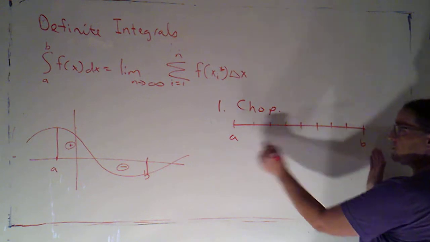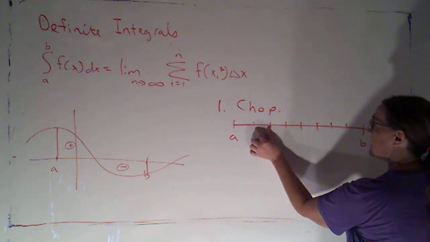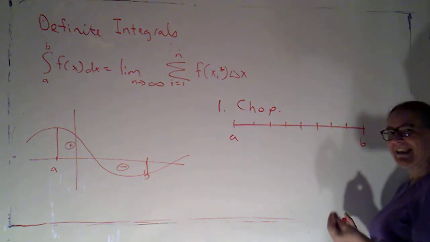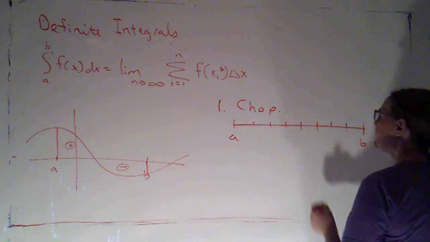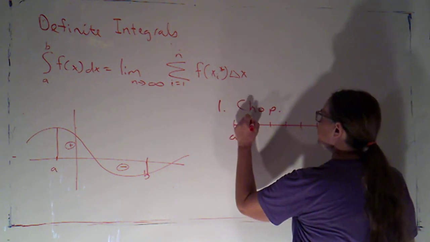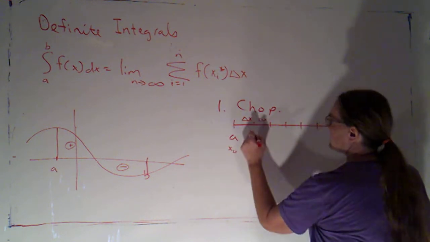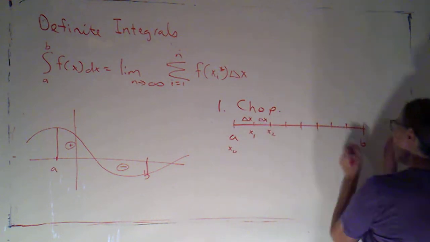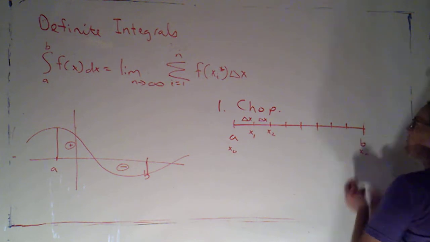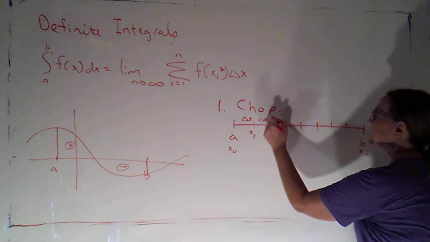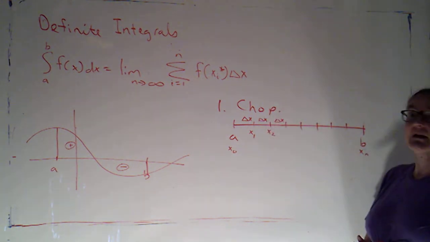So I'm going to suppose that we've done that. We've chopped this up, we'll say, into n pieces whose lengths are just delta x. And we do that by creating these endpoints. We'd have x0, x1, x2, and then b, our rightmost endpoint, would just be x sub n. And the length of all these little subintervals would just be delta x.